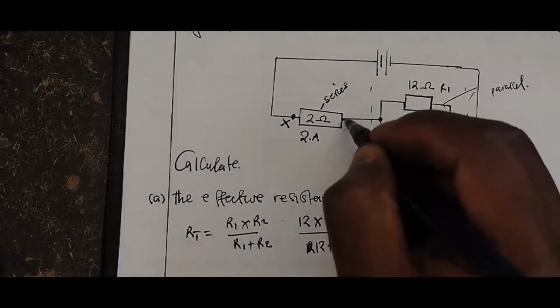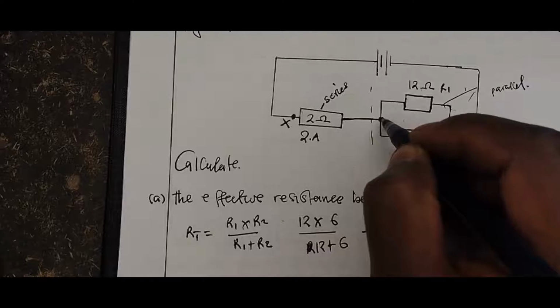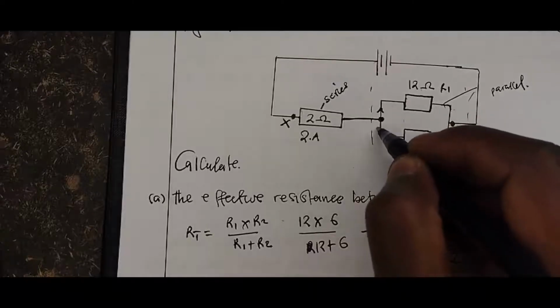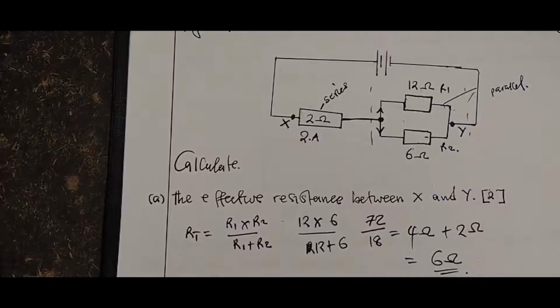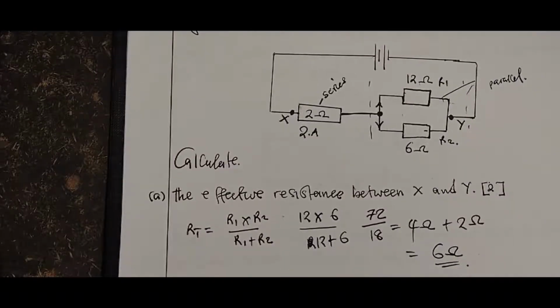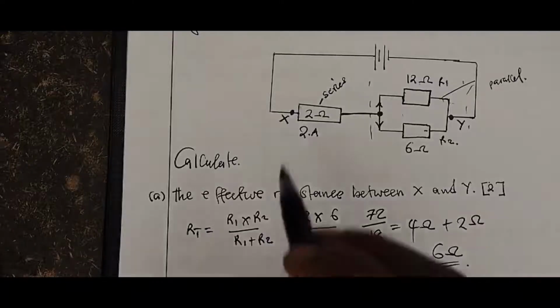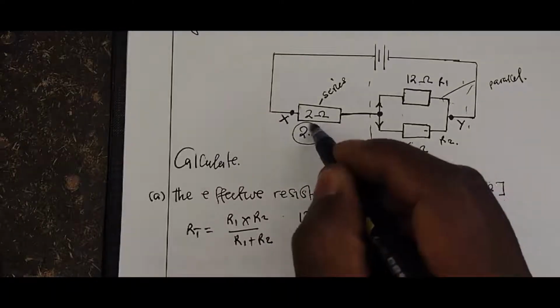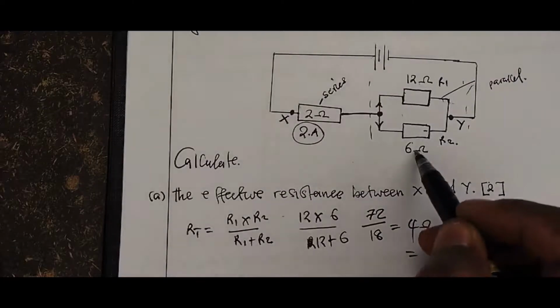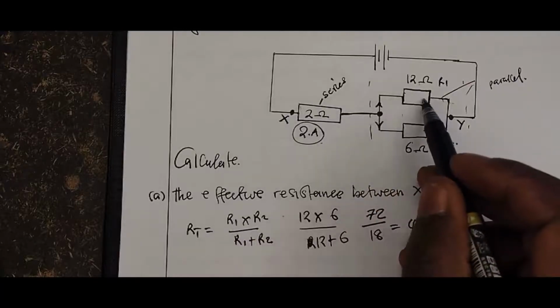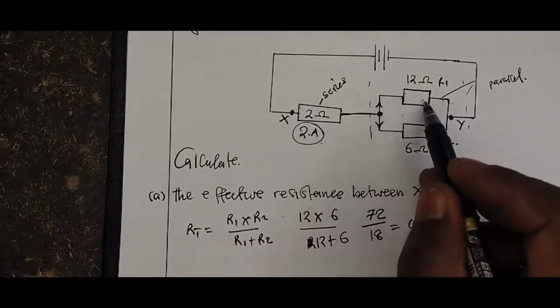But as it flows to a junction, it is shared between the two resistors. And I did indicate that the larger the resistor, the lower the current that flows through it. So it is these 2 amps that are shared between the 2 resistors. So it is not this resistor getting all the 2, but some of the current flows through the 12 ohms.